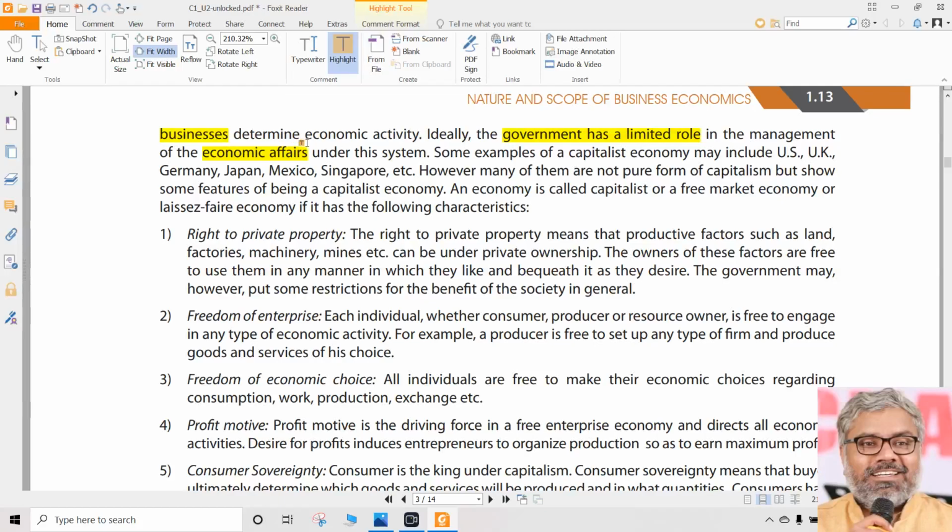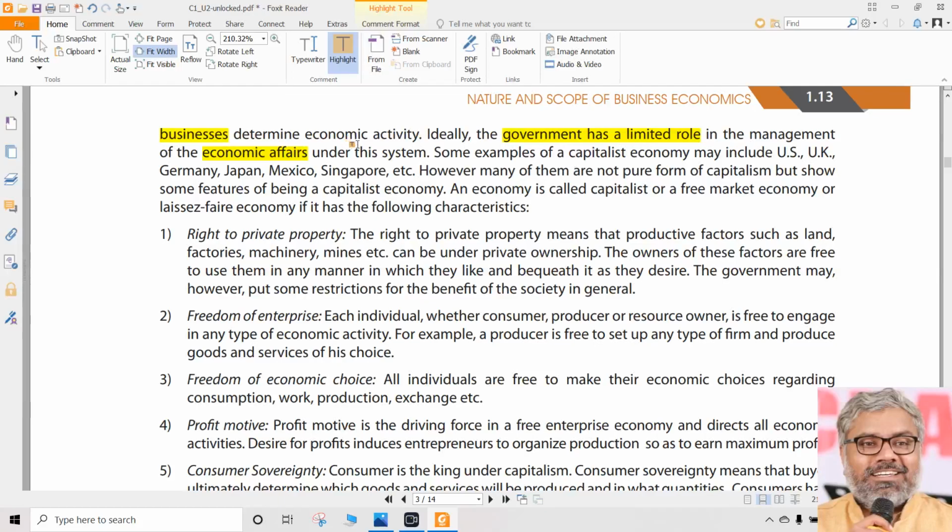So one way we can say the economy is in autopilot mode. Government generally will not interfere except when there is a great problem or issue, something like coronavirus recently, or the 2008 global financial crisis, when the US government induced huge amounts of money into the market.